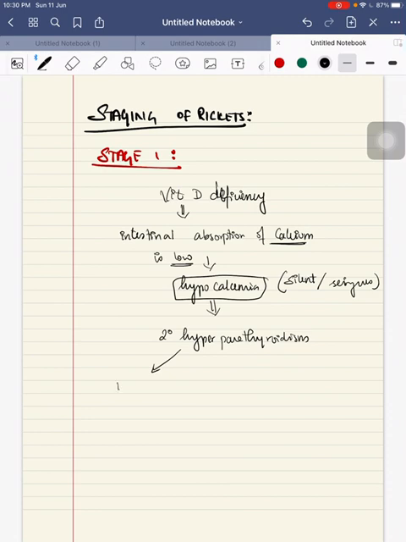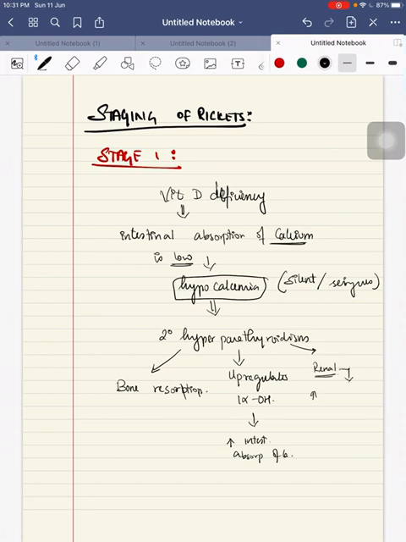This causes bone resorption. It upregulates 1-alpha hydroxylase, which leads to increased intestinal absorption of calcium.